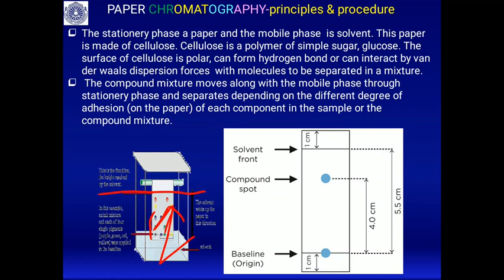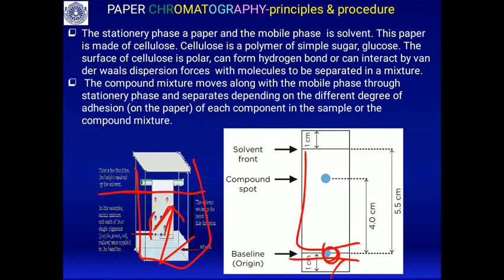Okay, the sample or the compound mixture. You will find here the 1 centimeter of solvent, and this is the paper where we load the sample. This is the chromatographic jar. Before keeping the paper in it, we have to load the sample on the baseline and dry it.